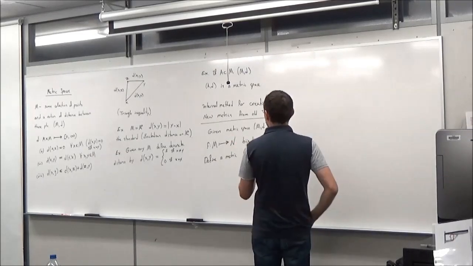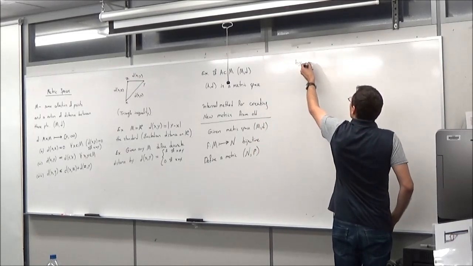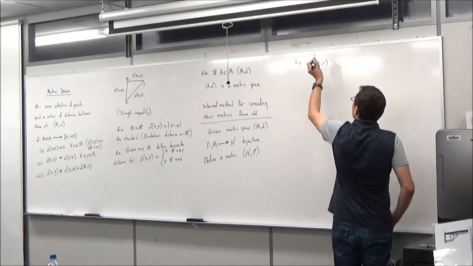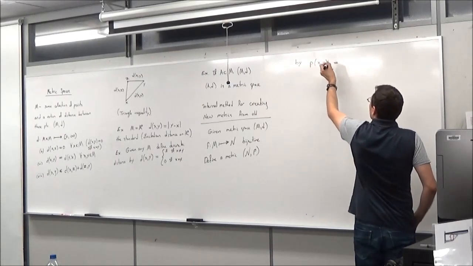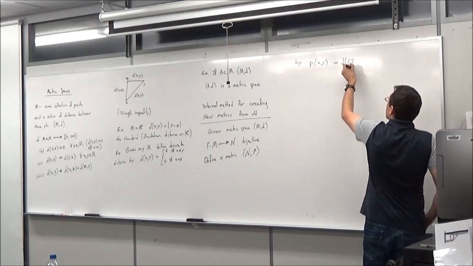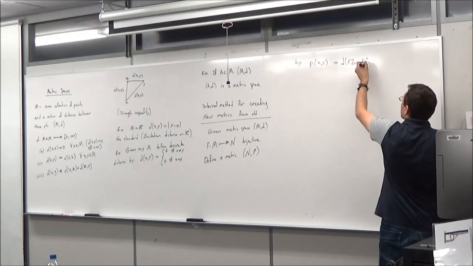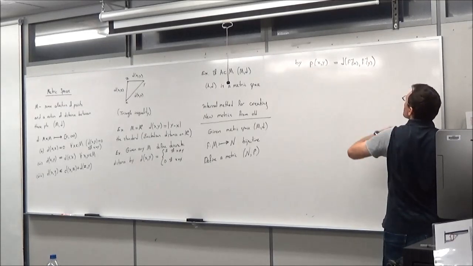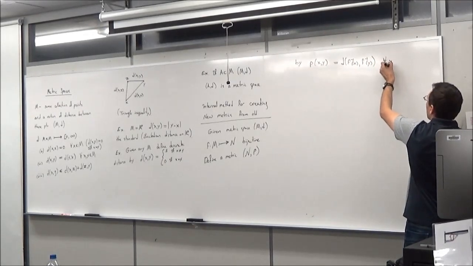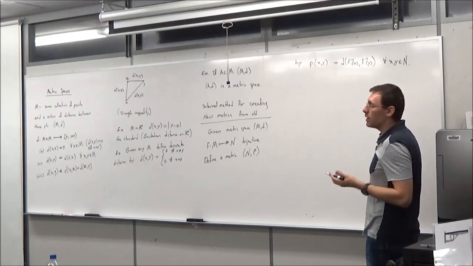So I can say rho of x, y will be the distance of f inverse x, f inverse y, for all x, y in N. Okay, that's one way.